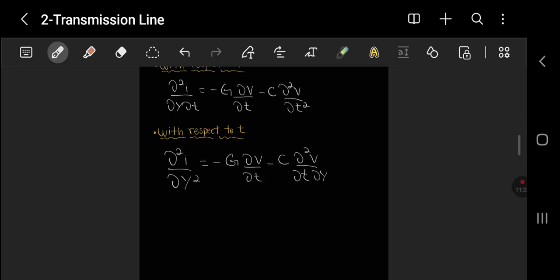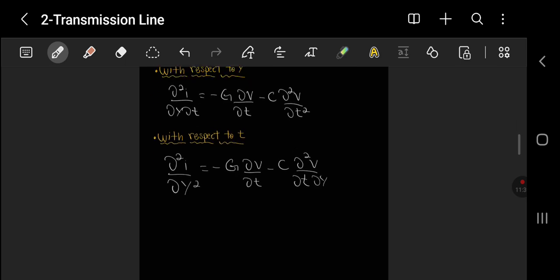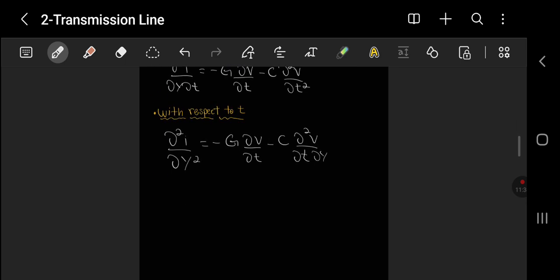Okay, if you are curious to see what we're going to do in the next video, because I don't want to make this video longer, we're going to combine these equations in order to eliminate variables, and this way we will obtain two differential equations that are going to describe our transmission line.